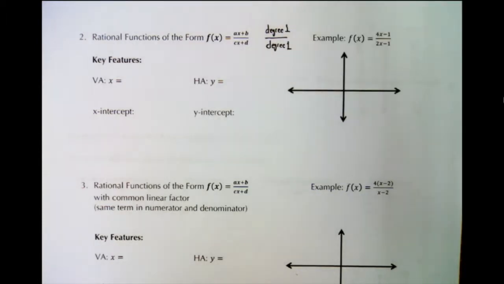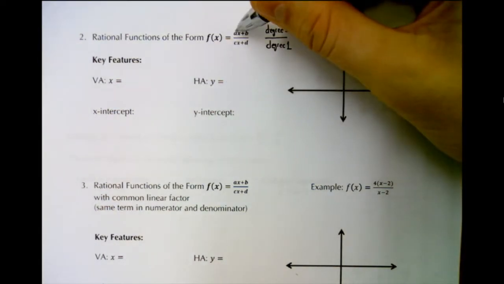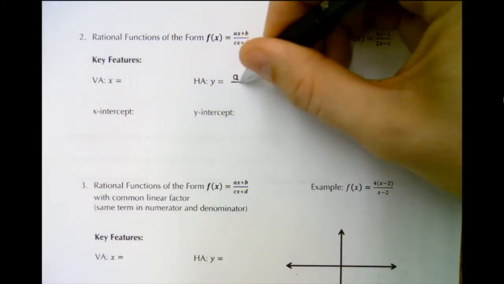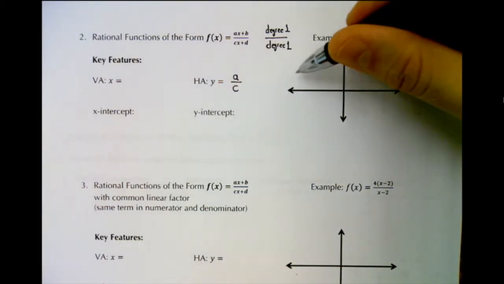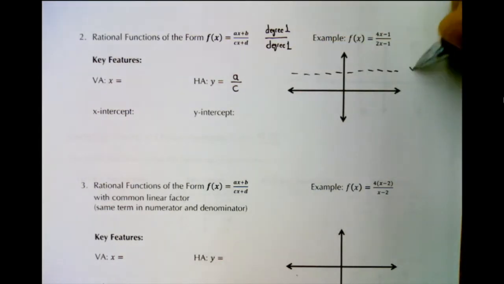When the degrees of the numerator and denominator are equal, the horizontal asymptote is the ratio of the numbers in front of x. So that would mean it would be a over c. In this case, a is 4, c is 2. 4 divided by 2 is 2. Your horizontal asymptote is going to be y equals 2.